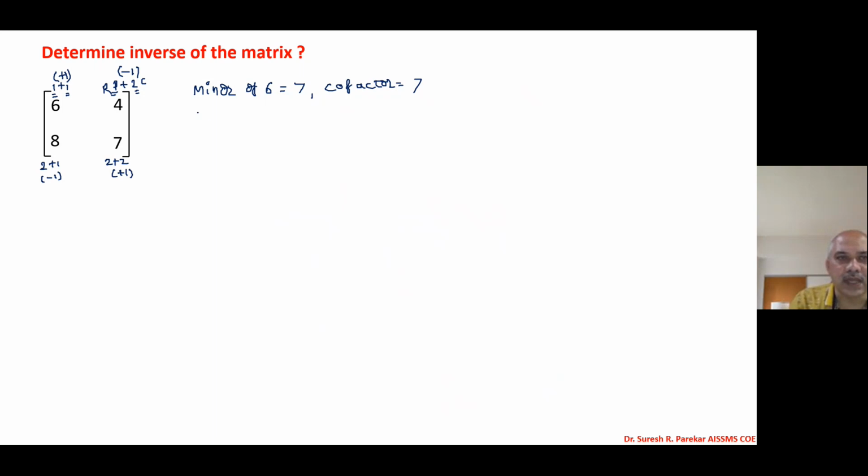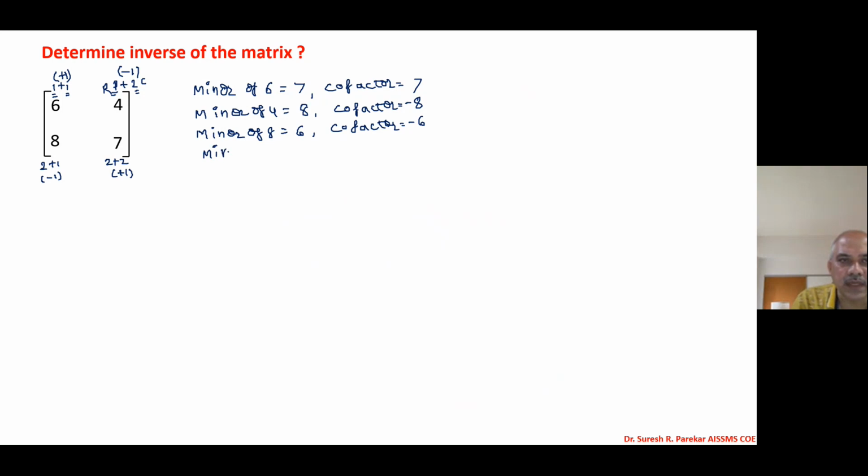Then we have 6, so the minor of 6 is 7. The minor of 4 will be 8, so the cofactor will be minus 8. Then the minor of 8 is 6, so the cofactor will be minus 6.